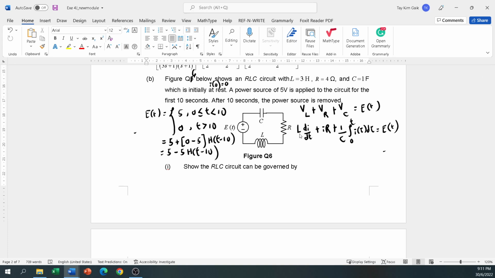Plug in the given values. L is 3, so 3 di dt. R is 4, so you get 4I. C is 1, so you have the integral from 0 to t of I tau d tau, equal to ET, which here is 5 minus 5 ht minus 10.